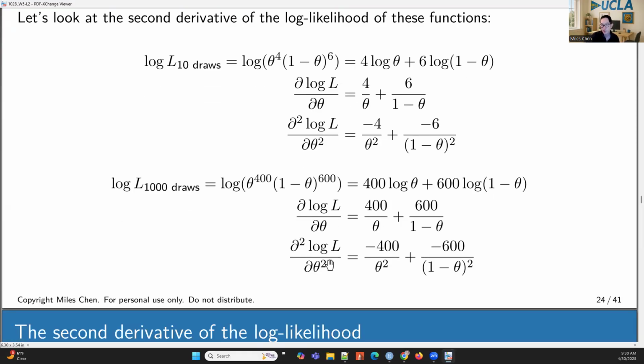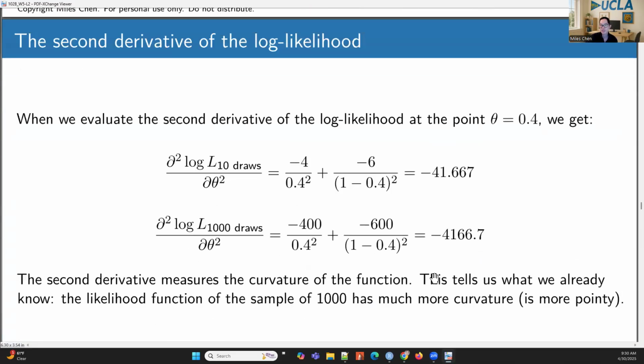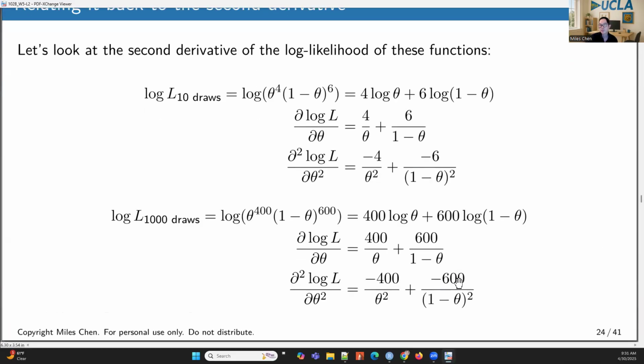And so the second derivative of the 1,000 draws is the same thing, except it's multiplied by 100, right? Instead of -4 over theta squared, I got -400 over theta squared. And instead of -6 over 1 minus theta squared, I have -600 over 1 minus theta squared. And so this second derivative is just basically 100 times bigger.